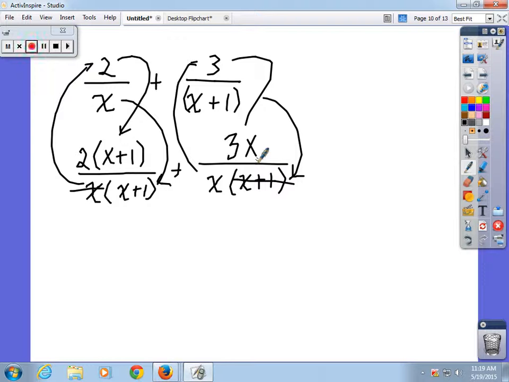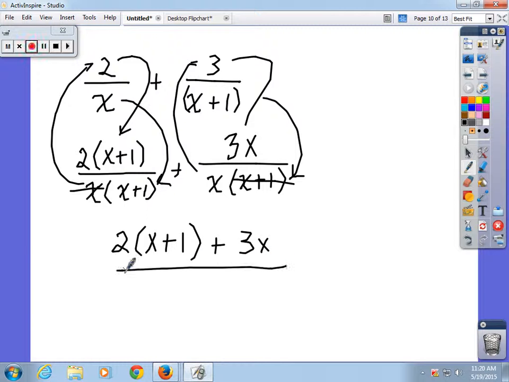You just got to clean up the numerator. Now you can distribute that too.